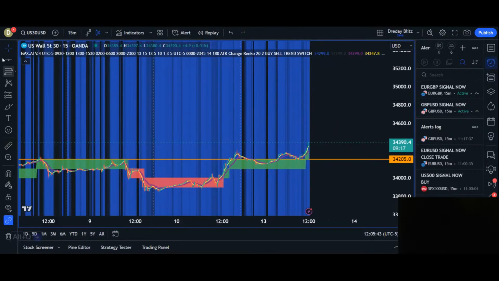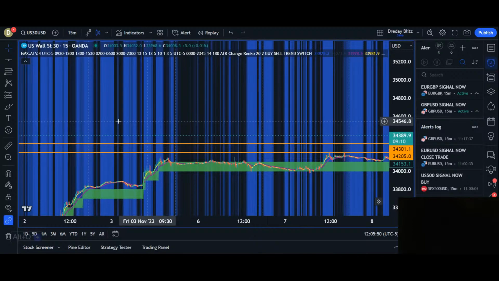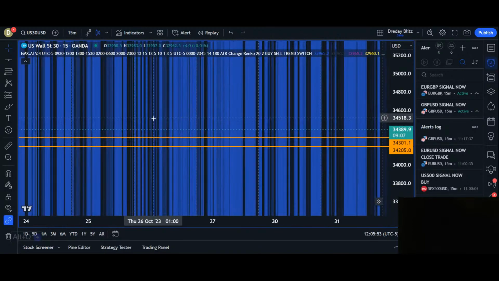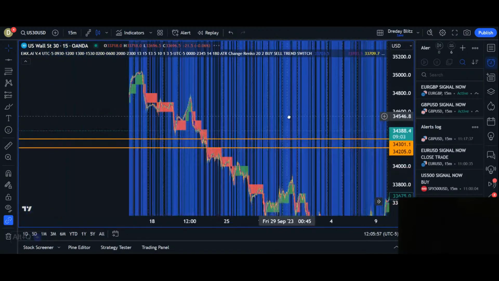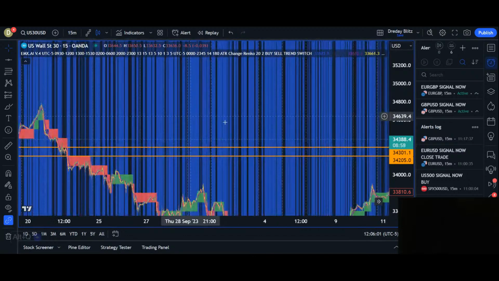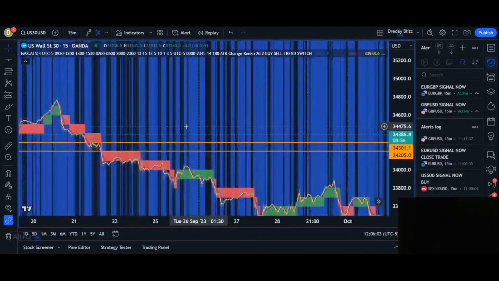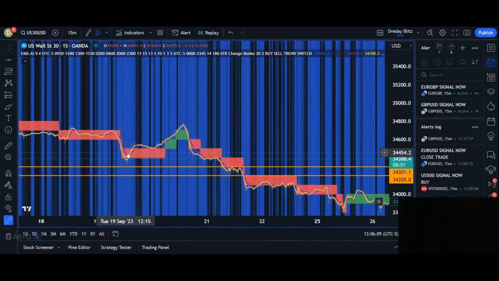And if you look, this is the Renko bar range. So if we go on the left side, we should see the last time that the price went in that range. As you can see, it's right here.